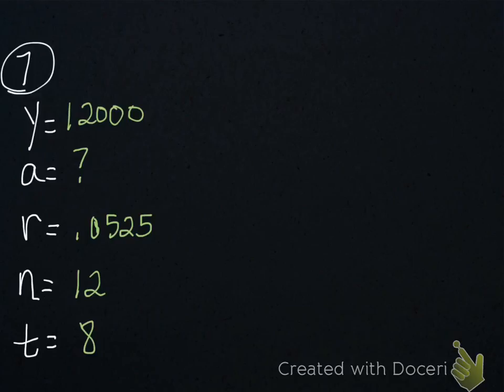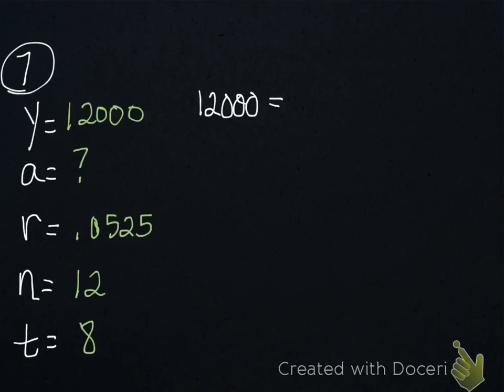Okay, again we're looking for the deposited amount. My interest rate, it doesn't matter that there's already a decimal. I just move it 2 places to the left. So the interest rate becomes 0.0525. N is 12, T is 8. That's the easy part.